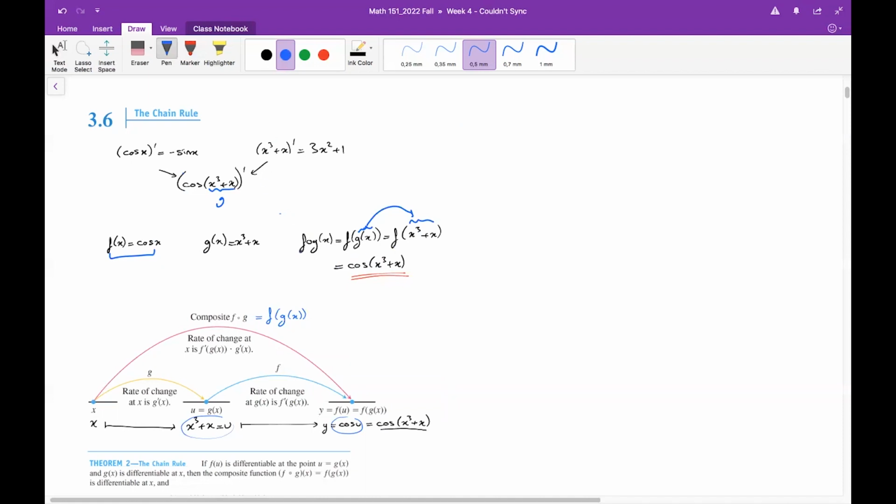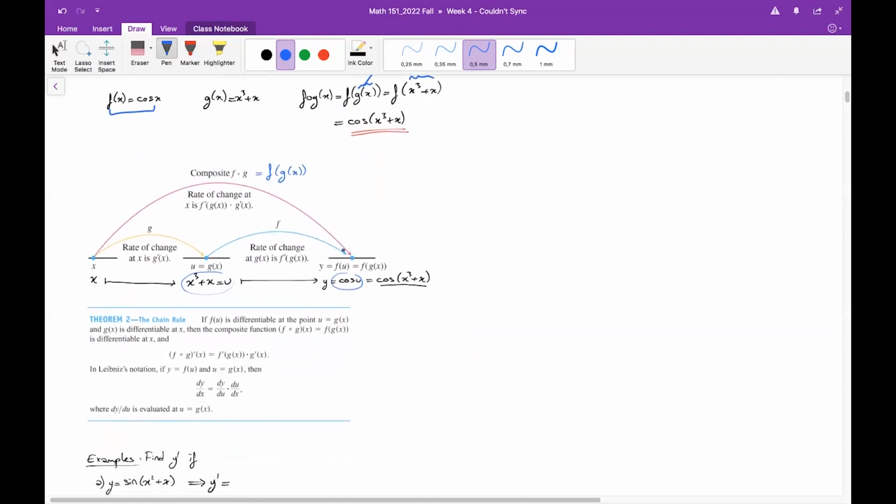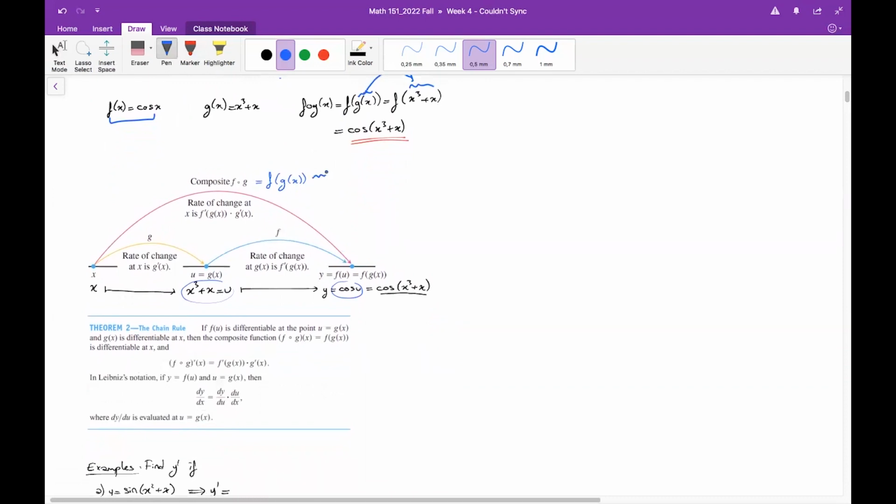So this function is the composition of f and g, where f is cosine and g is given as x cubed plus x. Now, we want to learn how to differentiate composition functions like this. Okay, let's move on. This is the composition, and the question is how we can take the derivative of the composition.